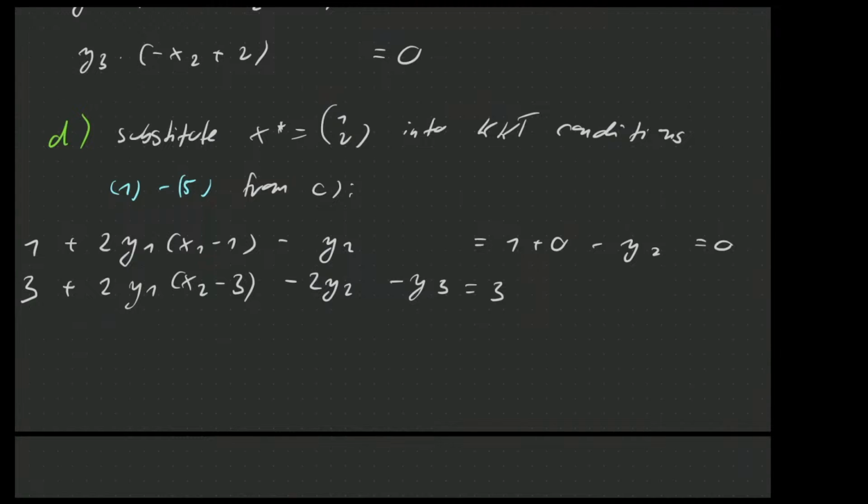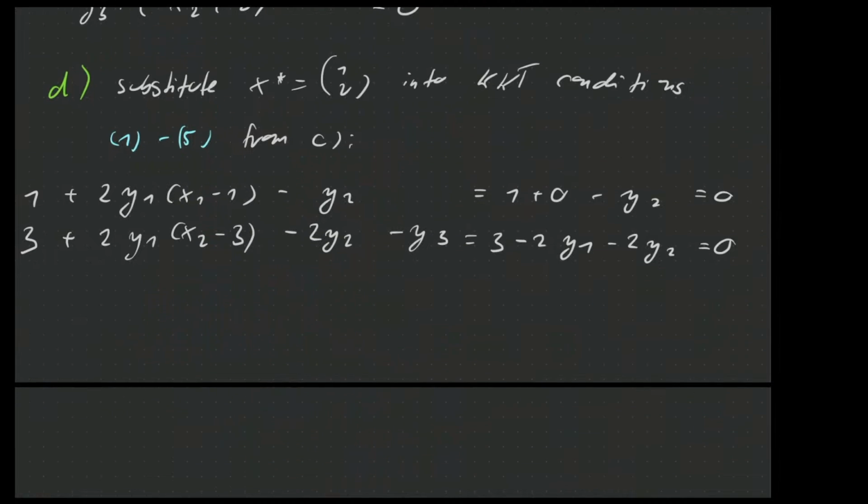So we get minus 2y1 minus 2y2 is 0. Right, so we have those equalities. We have to find the right values for this y1, y2 here. Oh, sorry, I forgot the y3, right? Need to copy that as well, of course. Minus y3 is 0.